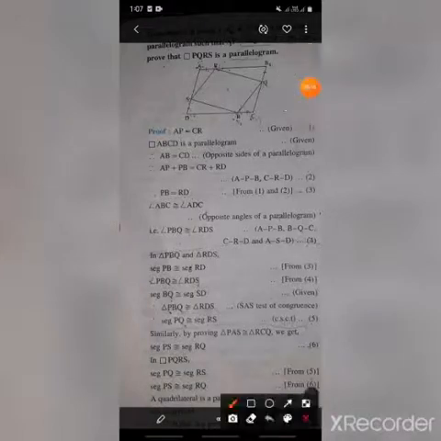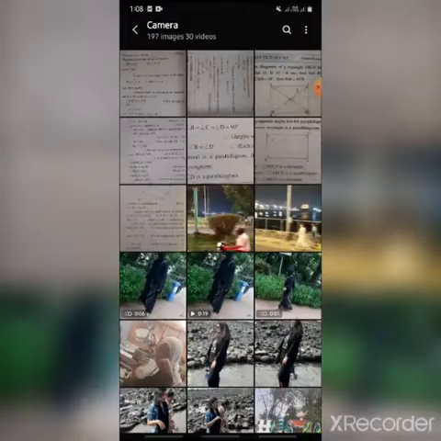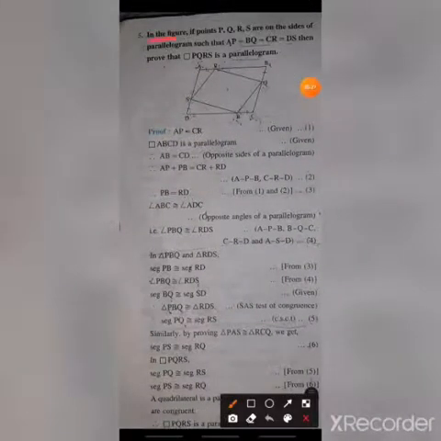Okay, this is the next question. In the figure, points P, Q, R and S are on the sides of a parallelogram such that AP is congruent to BQ and CR is congruent to DS.